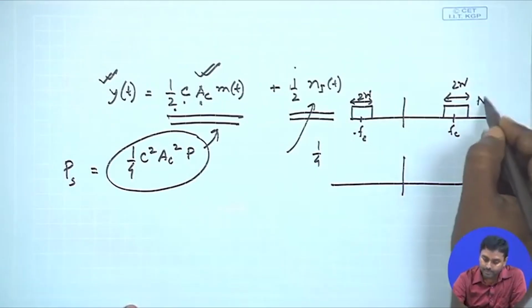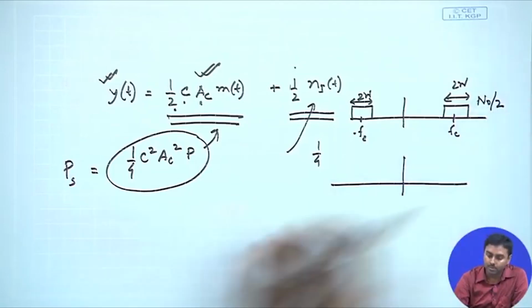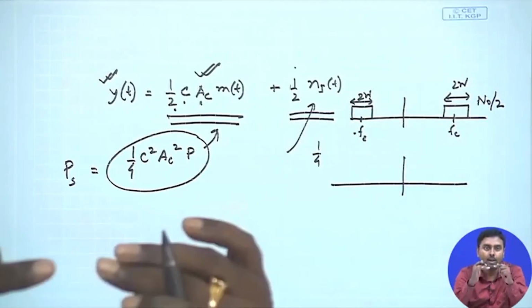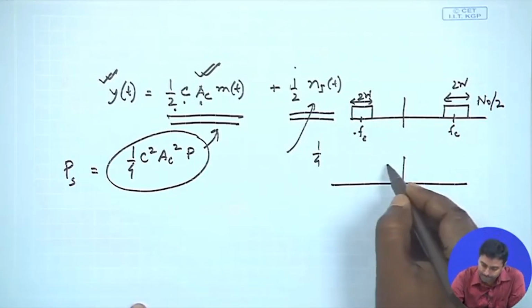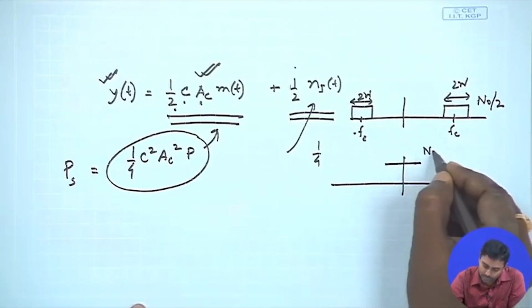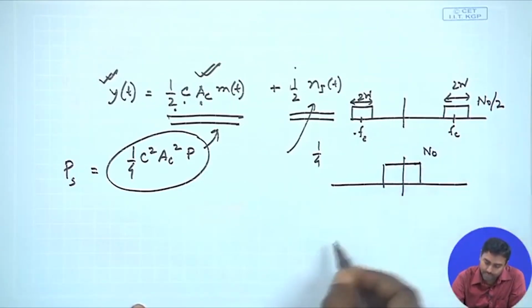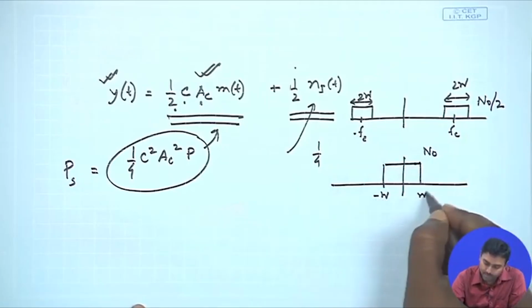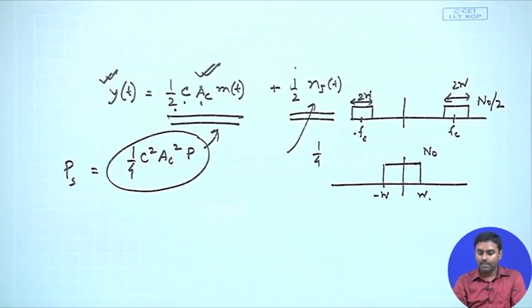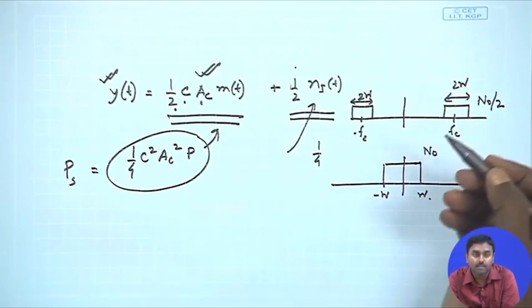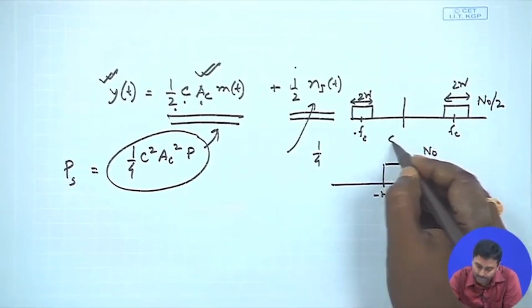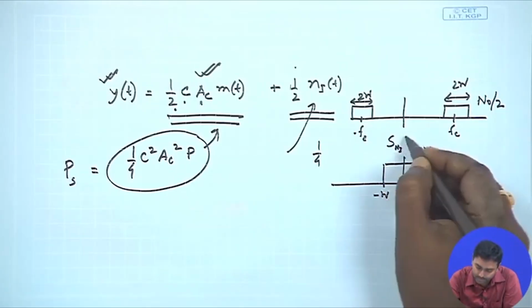So, if this strength was eta 0 by 2, both of them will be shifted and the overall strength will be eta 0 or N0. So, this should be N0 defined from minus W to plus W, right. That is the power spectral density of Ni, S_Ni(f).